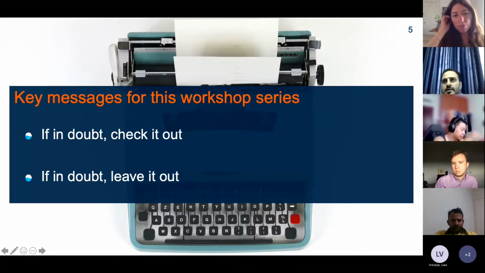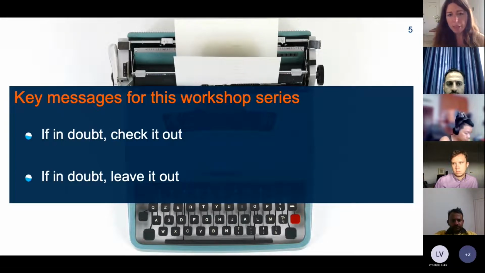The second one: if in doubt, leave it out. For instance, when you're editing down work at the end, if you have a lot of extra words that you need to get rid of, think very critically about what needs to be there and what can be left out. There may be whole paragraphs where we get very possessive about what we've written, and we think, oh, I like that paragraph, but is it actually necessary to get your argument across?